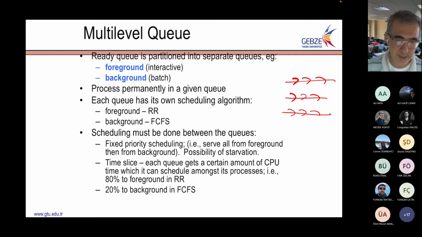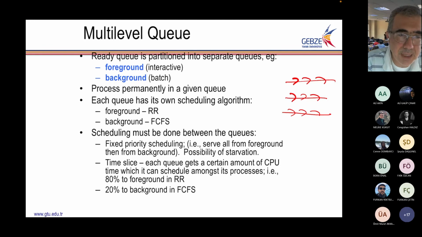Switching between queues is performed by schedulers. Tasks like background tasks, antivirus checking, can run in the background with lower priorities. But interactive tasks can run in the foreground with round robin scheduling, so they will be more responsive to the user interface. Multi-level queue is therefore a very good idea.